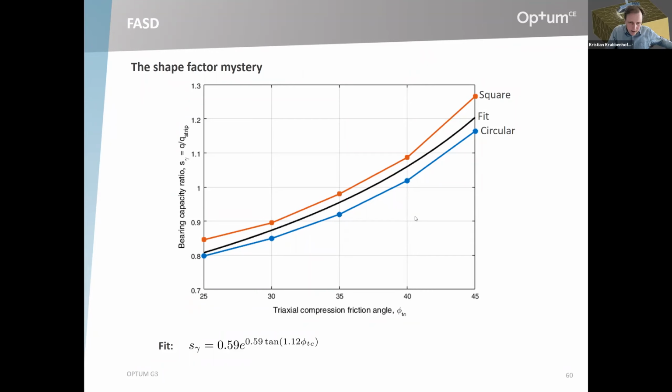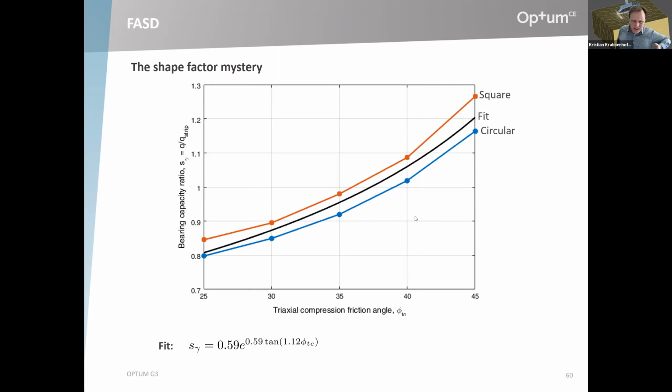Yeah, I mean that's the thing with lab tests, so the conventional lab tests, direct shear and triaxial compression, maybe triaxial extension. The direct shear, of course, would be more representative of plane strain conditions.